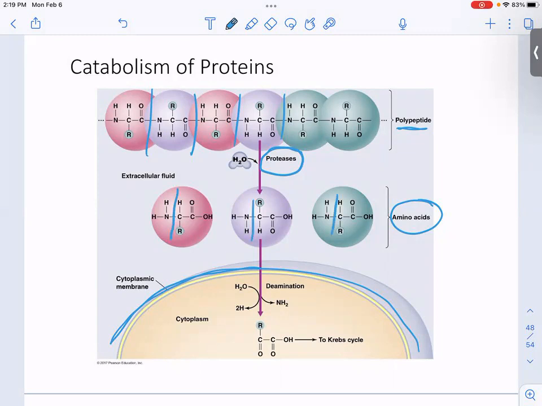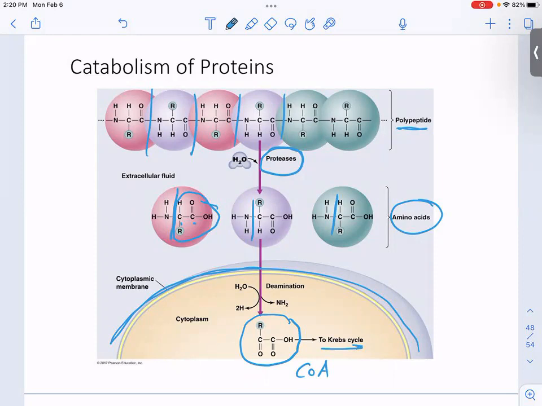So what you're going to be left with, and remember R, that's just the variable group, whatever difference depending on what amino acid. But what you're left with is some 2-carbon compound. And remember, where 2-carbon compounds are accepted, they can go right into the Krebs cycle. Okay, they'll combine with coenzyme A and enter right into the Krebs cycle.